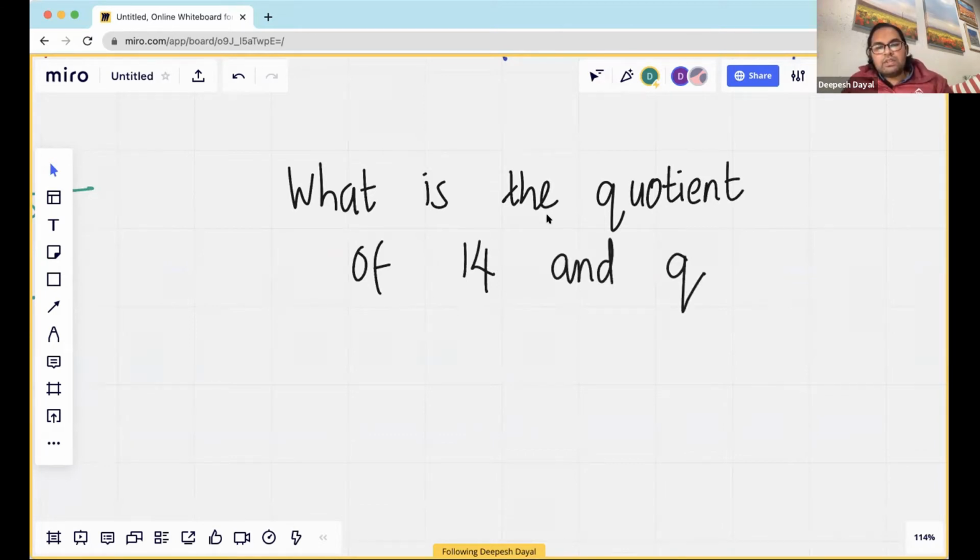What is the quotient of 14 and Q? 14 divided by Q. Will it be a fraction? Yes, it will be a fraction.